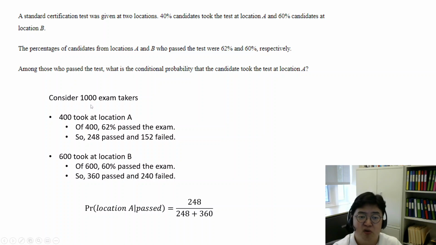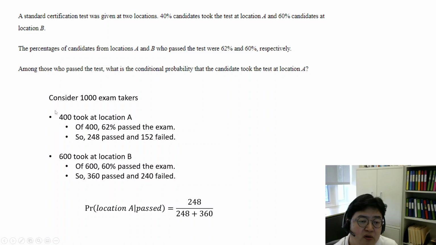I'm going to consider 1,000 exam takers, and out of 1,000, we already know that 40% take the test at location A, and the other 600 takers take the test at B. So I used unconditional probability to classify 1,000 exam takers.